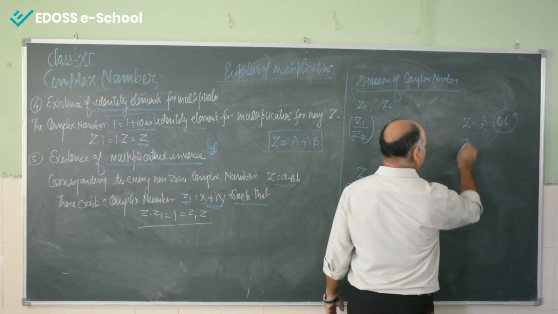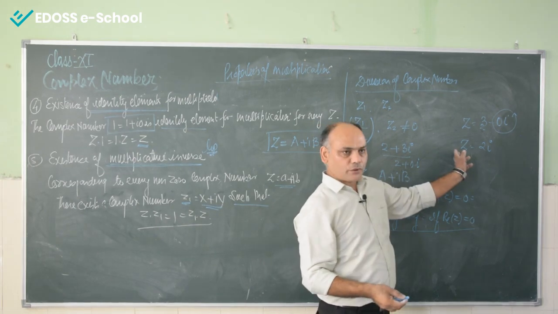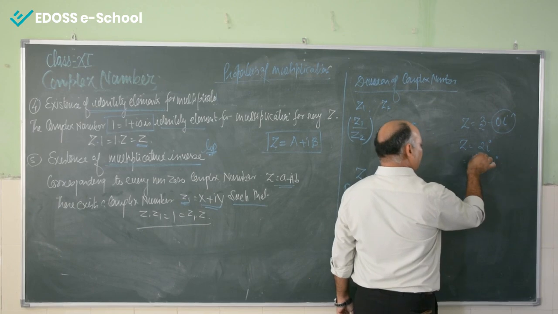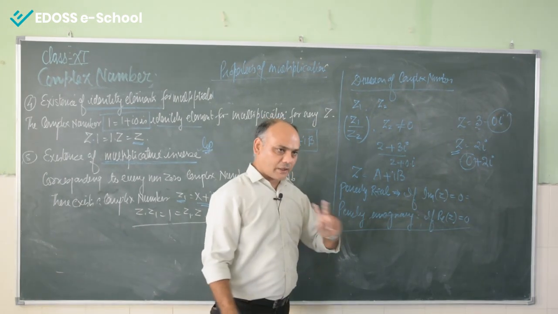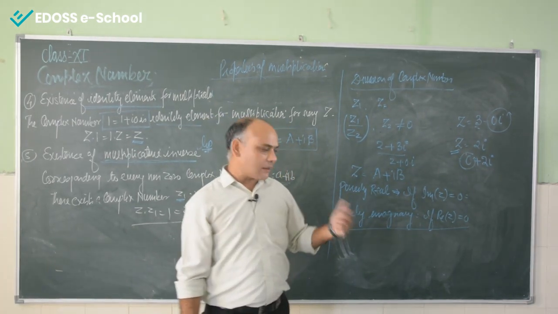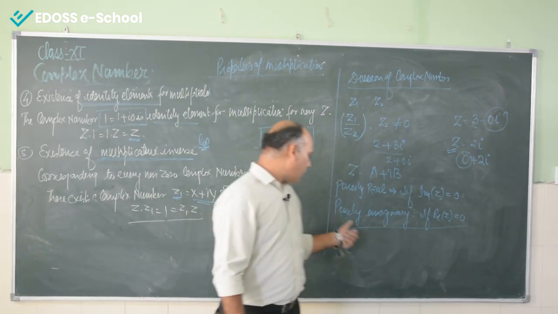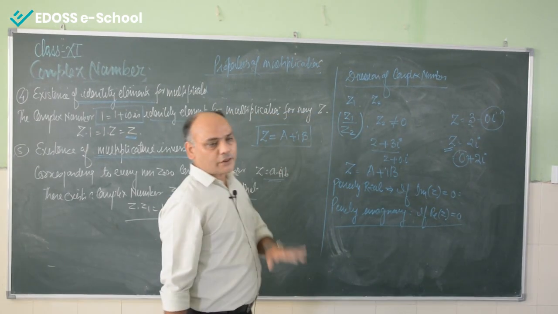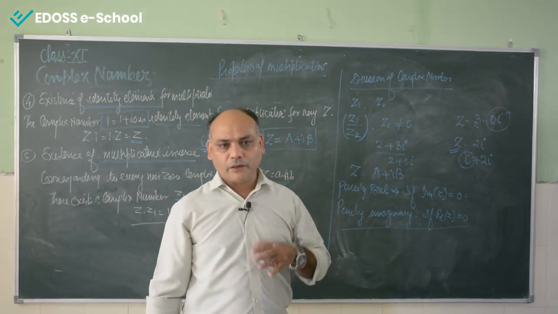And if I am saying Z equals only 2 iota, then 2 iota means here the real part is equal to 0. 2 iota can be written as 0 plus 2 iota, and the real part is 0, hence this Z will be purely imaginary. That means there are two types of complex number. The first one is purely real, which exists if the imaginary part of Z equals 0, and purely imaginary when the real part is equal to 0. These were the basic operations: addition, subtraction, multiplication and division of complex numbers.